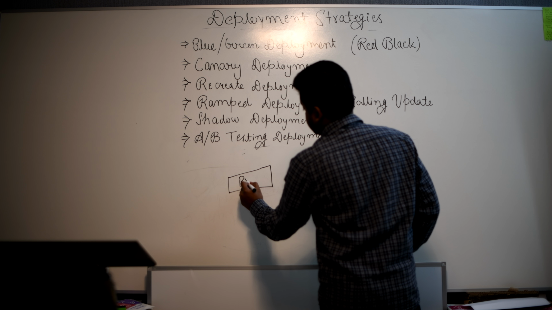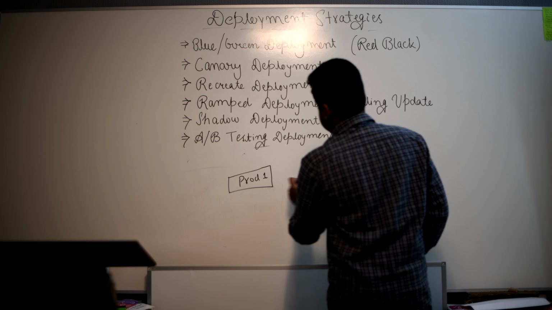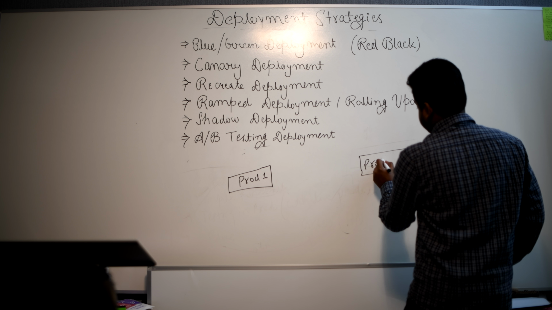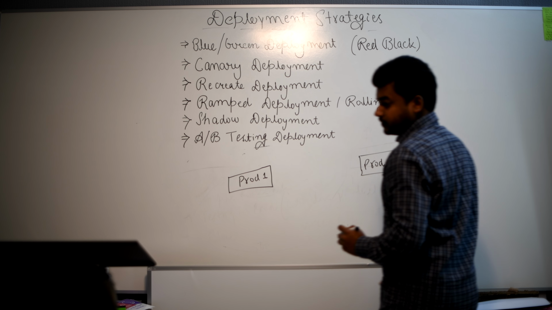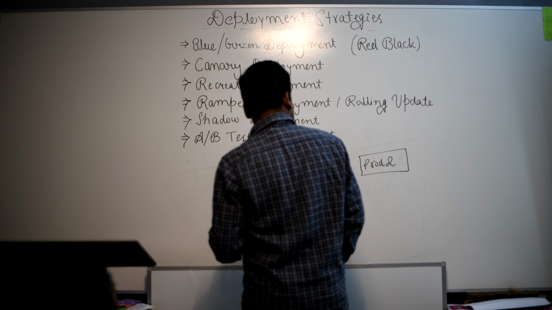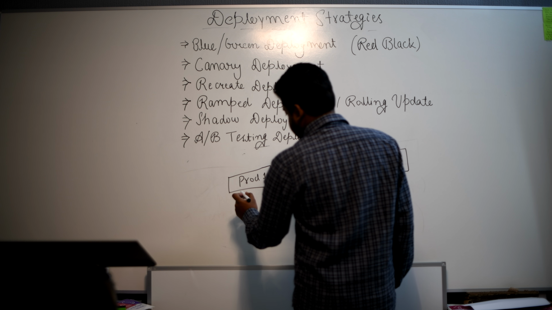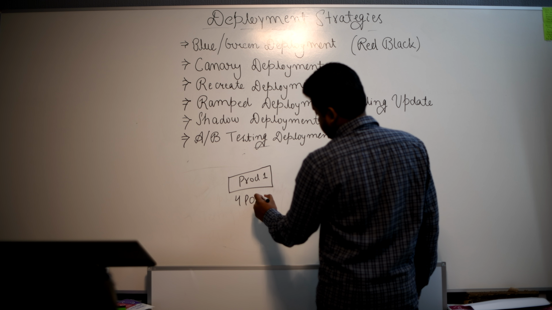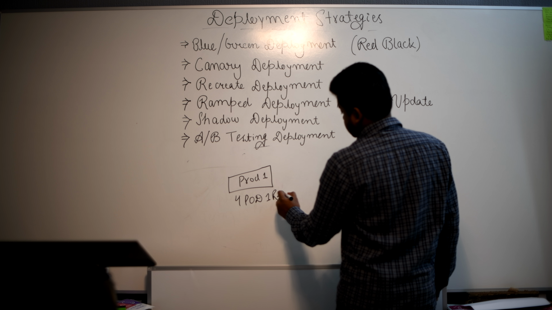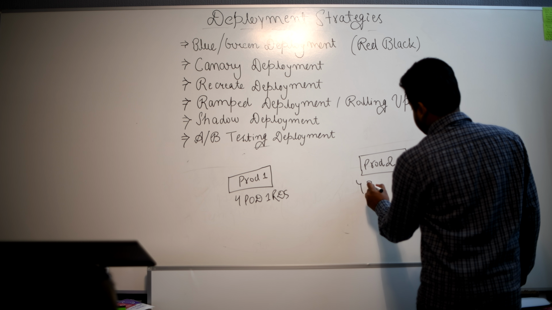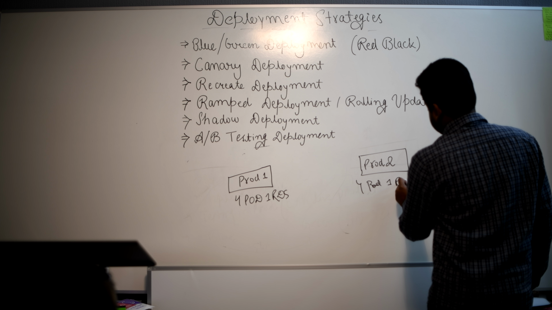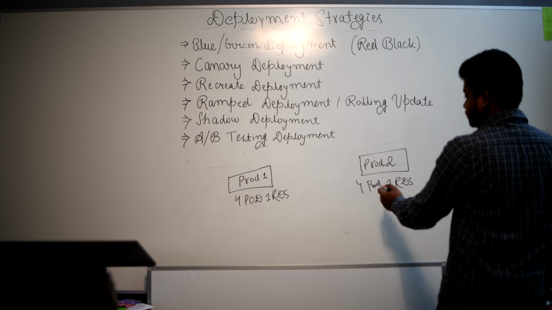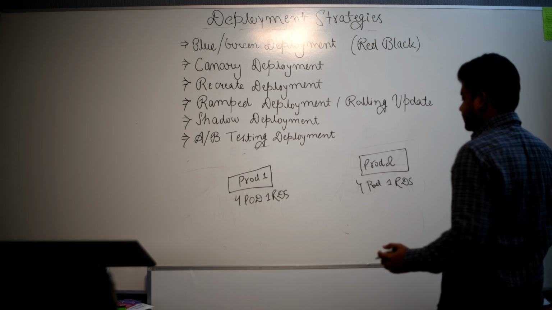This is your prod 1, this is your prod 2. This has 4 pod, 1 RDS, 4 pod, 1 RDS. Let's assume these are deployed on Kubernetes or OpenShift.